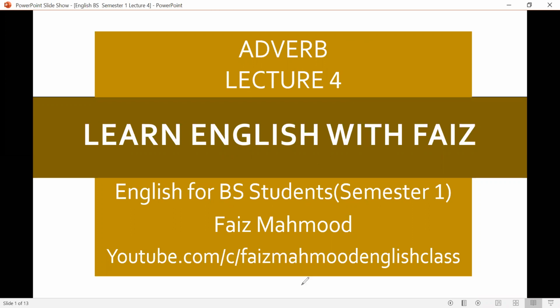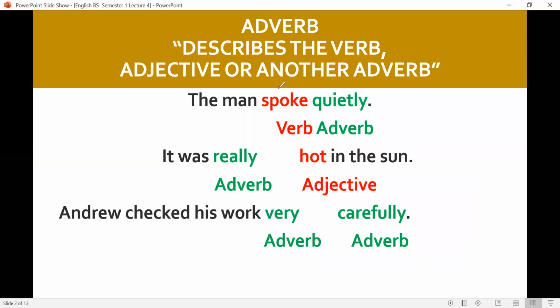Today we will learn adverb. An adverb is a word which describes a verb, an adjective, or another adverb. It adds to the meaning of some verb, some adjective, or another adverb.